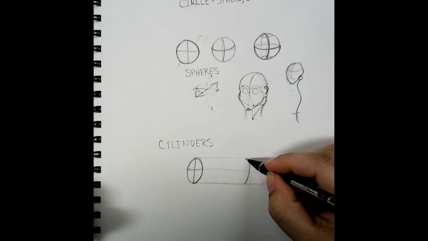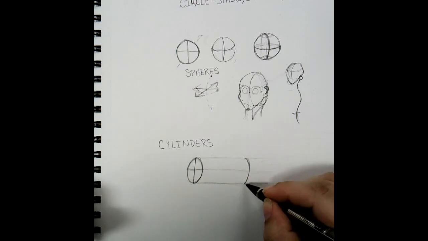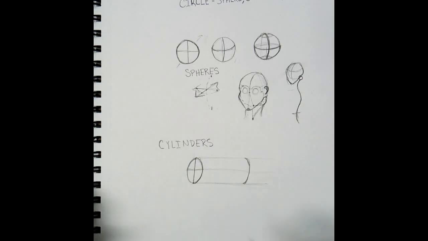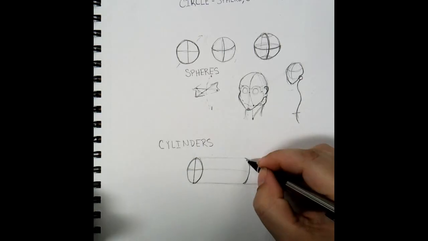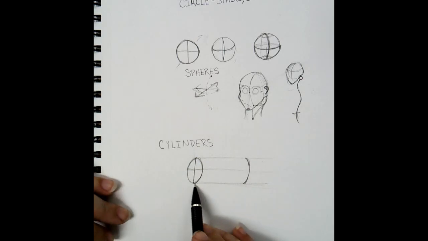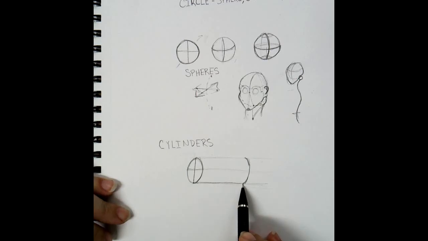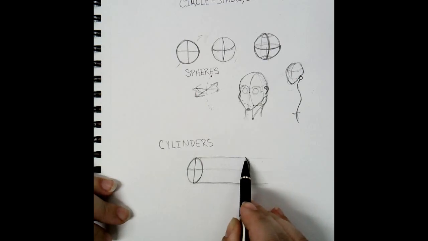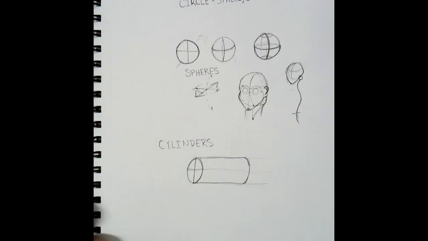A lot of times I have to come back in and just curve it just a little bit more to exaggerate that. And then I can come back in and make sure that those lines are nice and visible.